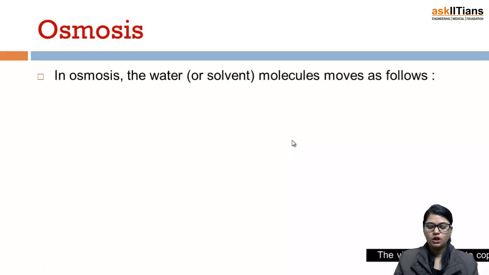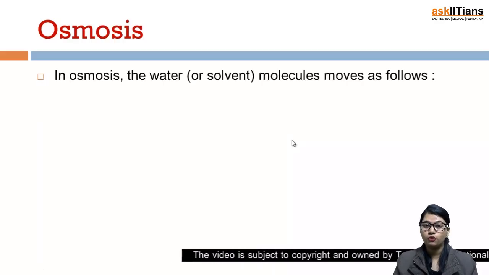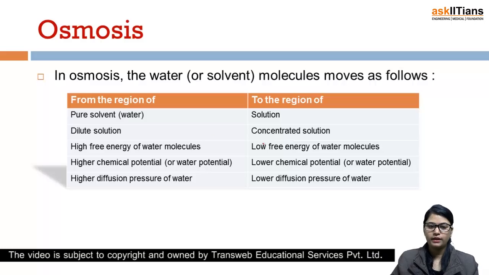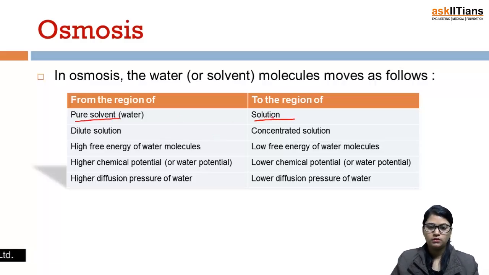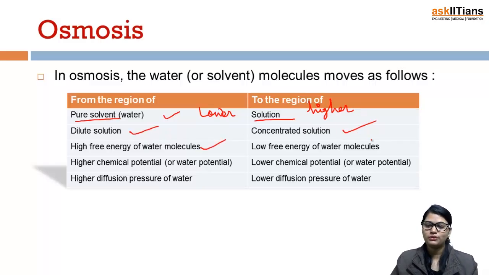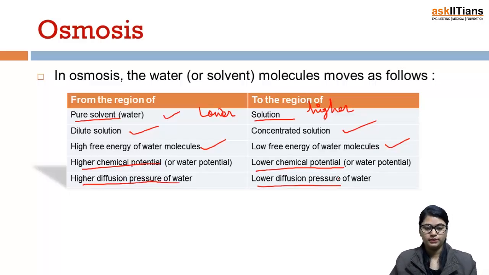In osmosis, water or solvent molecules move as follows: from the region of pure solvent to the region of solution, lower to higher, from dilute solution to concentrated solution, high free energy of water molecules to low free energy of water molecules, higher chemical potential or water potential to lower chemical and water potential, higher diffusion pressure of water to lower diffusion pressure of water.